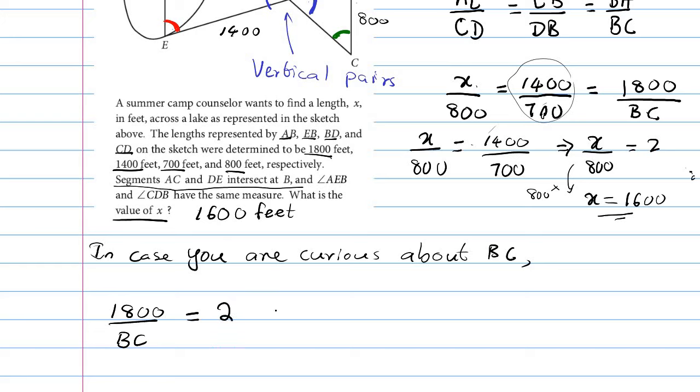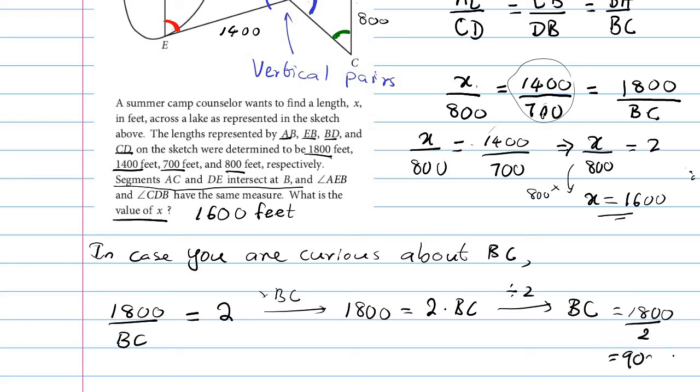Now we just find BC. I multiply both sides by BC, and I get 1800 equals 2 times BC. Now divide both sides by 2. BC is going to be equal to 1800 over 2, which is just 900.